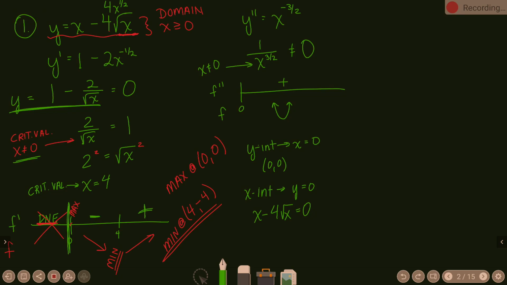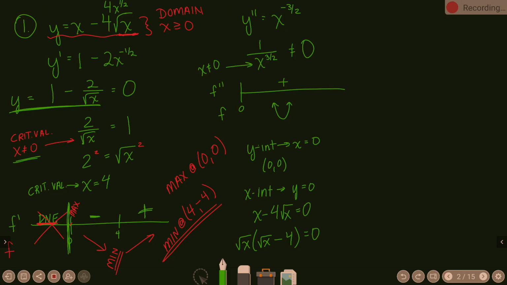I kind of did a creative thing here where I factored out a GCF, not typical, of square root of x. Now, think about this. If I factor out square root of x from x, if you divide by a square root of x, what are you left with? Square root of x. Because square root of x times square root of x is what? X. So x minus 4 equals 0.